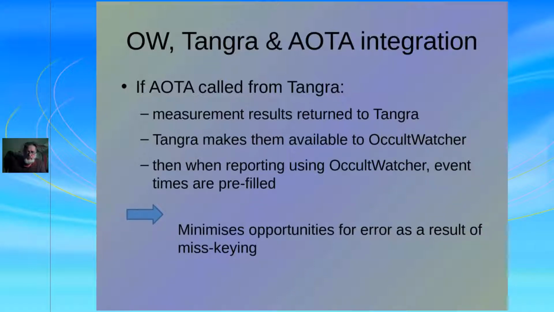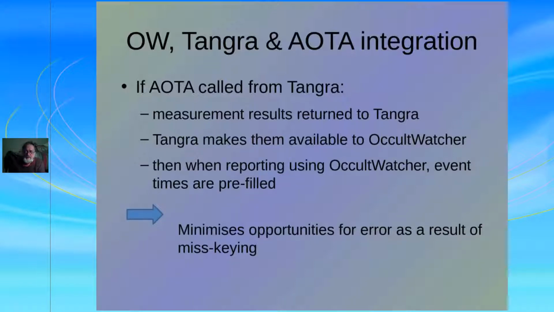So when you finish in Tangra and then go in and report your observation, Occult Watcher will say, I've got this XML file, do you want to pre-populate your report? Your event times, start and end times and a few other things get pre-filled into your report, minimising opportunities for errors as a result of miskeying. A very neat situation.